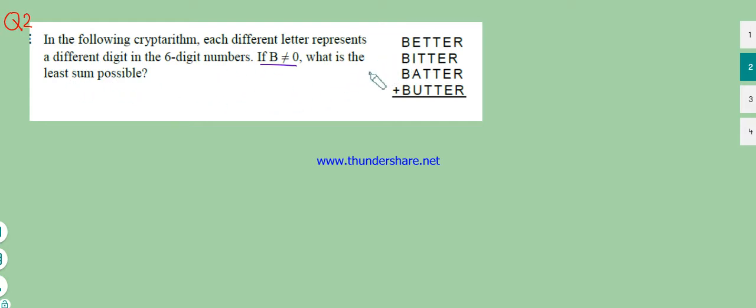So we have digits to be chosen from 0, 1, 2, 3, 4, 5. And then we have to be careful that the sum is the least possible, which means the 100,000th place digits have to be minimum, and B cannot be 0.